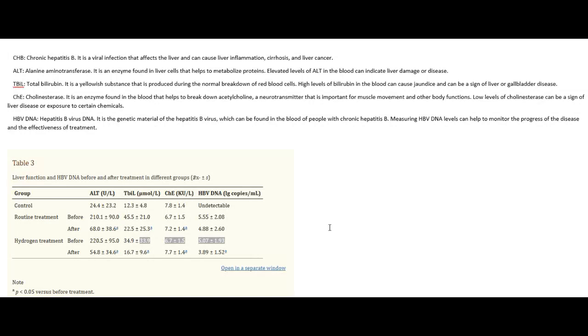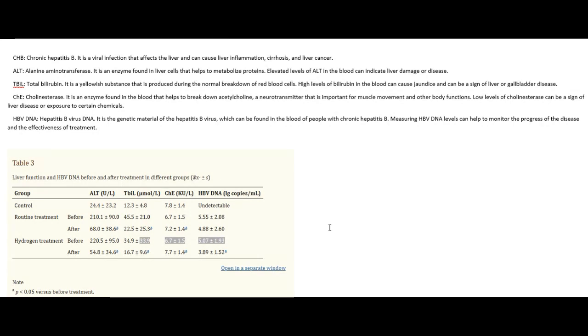DNA, the before values for the control were 5.55 plus or minus 2.08, and after treatment it was 4.88 plus or minus 2.1, a 20% change, 2.60.